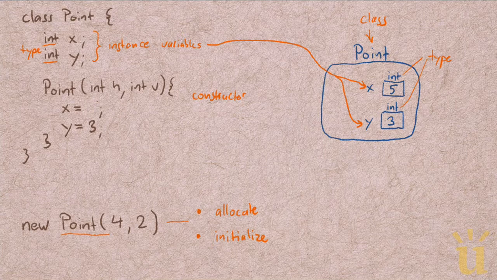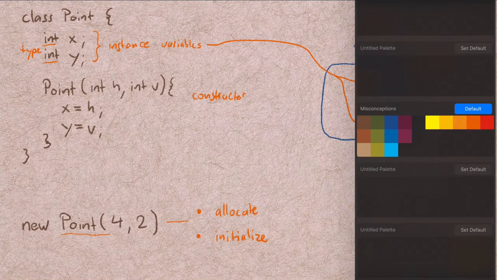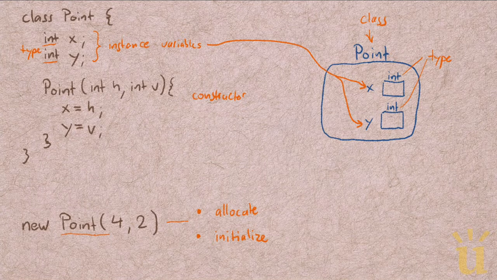So we need to actually say, no, we want to set x to something else, for example to h, and we want to set y to something else, for example y set to v. Now this works. So if I call it, we'll get that set to 4 and that set to 2. Okay, so that is how we draw stack and heap diagrams when we construct an object.